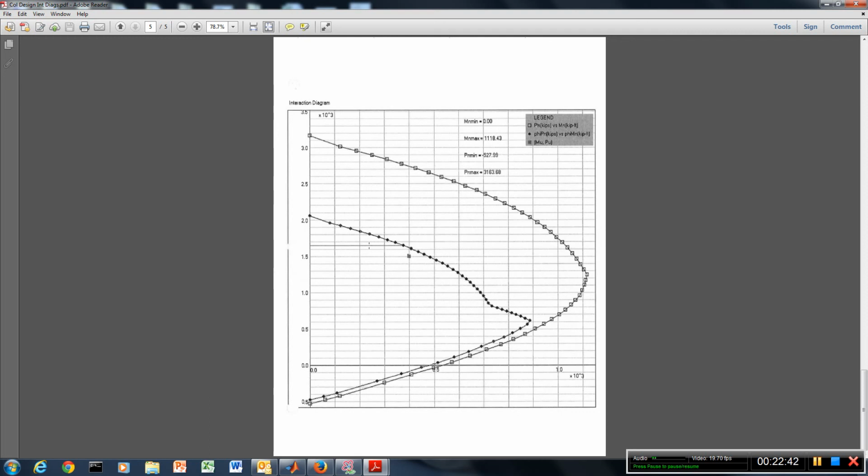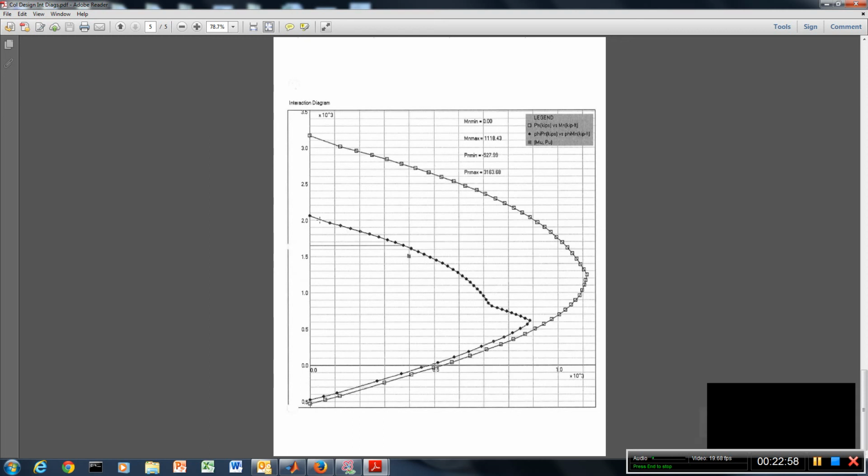It, however, has a maximum phi PN value here that is limited right there. But if we put in our M sub U value and our P sub U value that was provided, it ends up being right there.